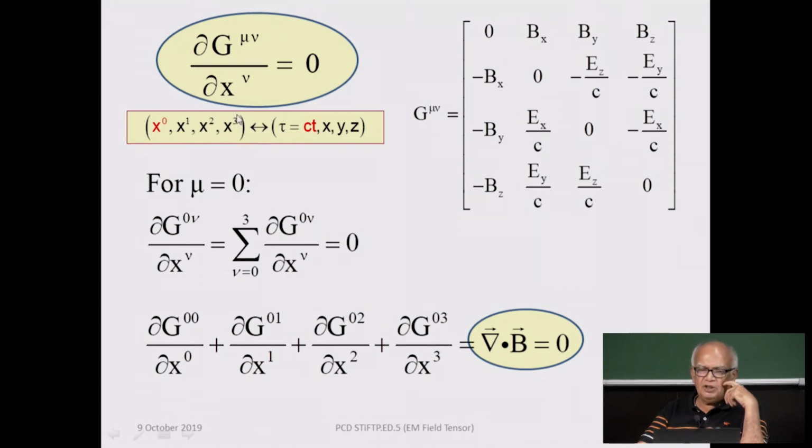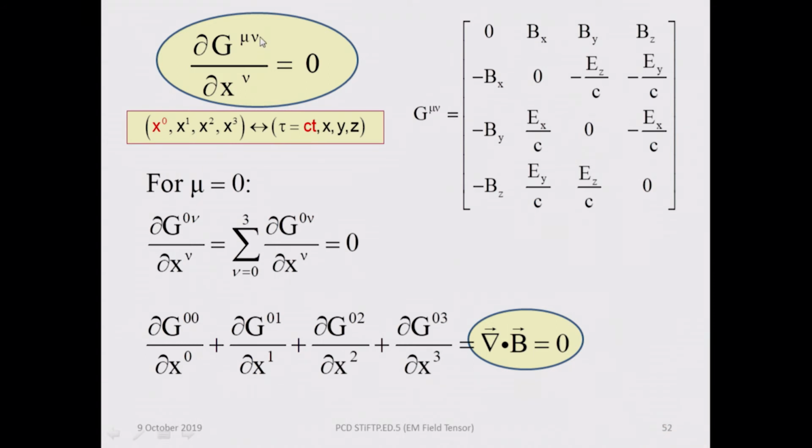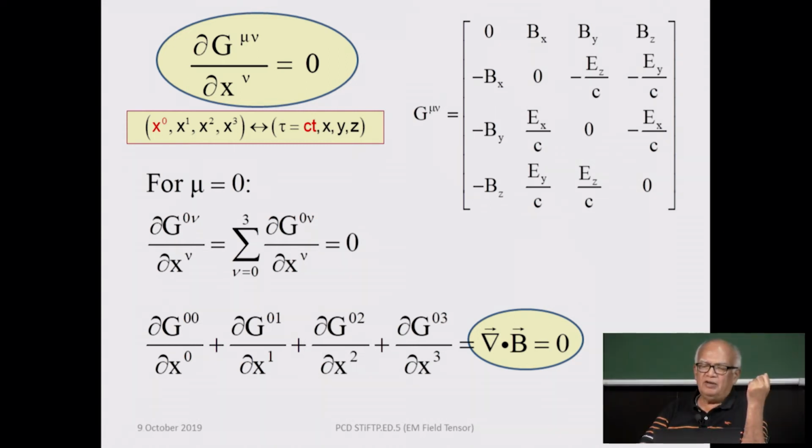For mu equal to 0, when you sum over nu going from 0, 1 to 3, for 0 you get a term 0, and from the other 3 you get the partial derivatives of Bx, By and Bz with respect to x, y and z, and that is what gives you the divergence of B when you sum over all the 3.